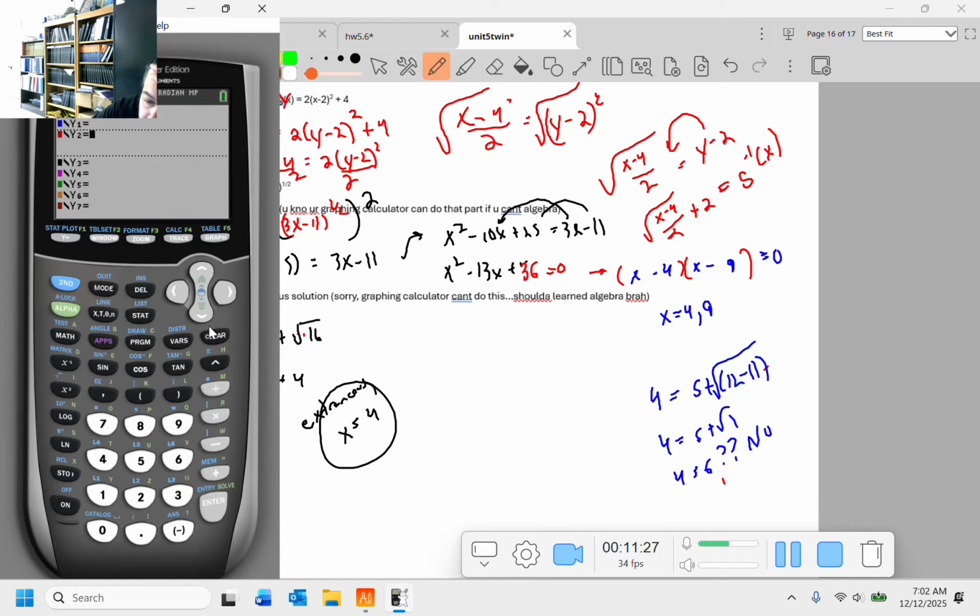Let's see here. So the right-hand side, I believe, was x. And the left-hand side was 3x minus 11 to the 1/2. So rooftop that bad boy to the 1/2 power. Zoom 6 it the way you were trained. And you'll see your y equals x, which you should know what that looks like. And the next thing you're going to see is the arm.